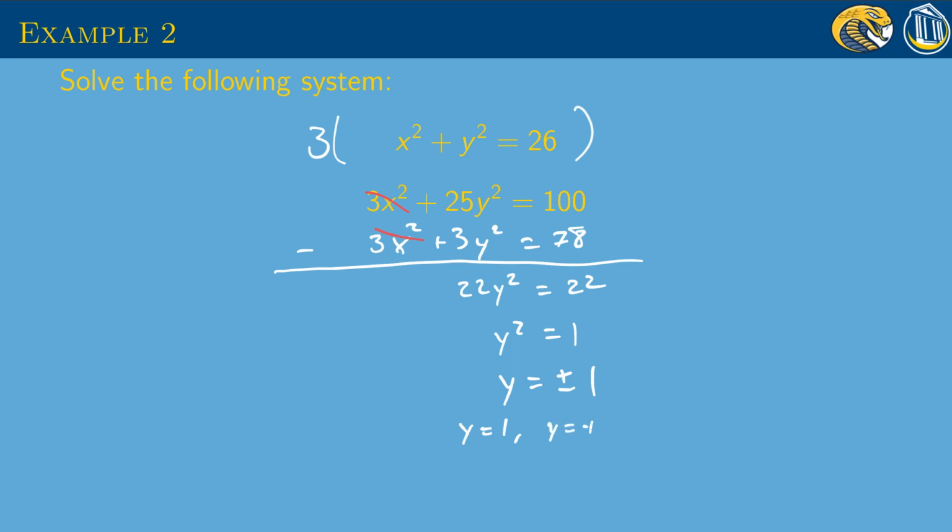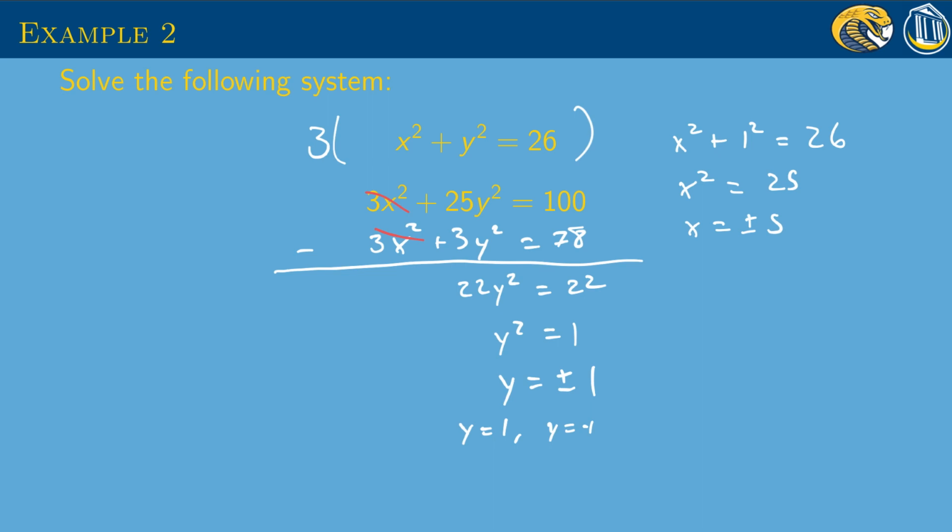At this point, it doesn't matter which equation we plug it into, they're both nonlinear, so I'm going to choose the simpler one. If we plug in y equals 1 into this first one, x squared plus 1 squared equals 26. That means x squared equals 25, or therefore x equals plus or minus 5.